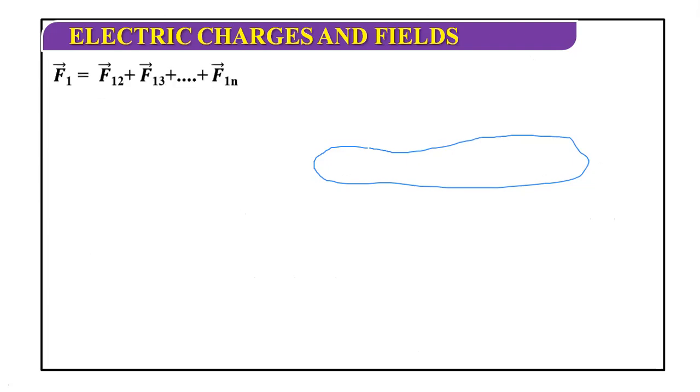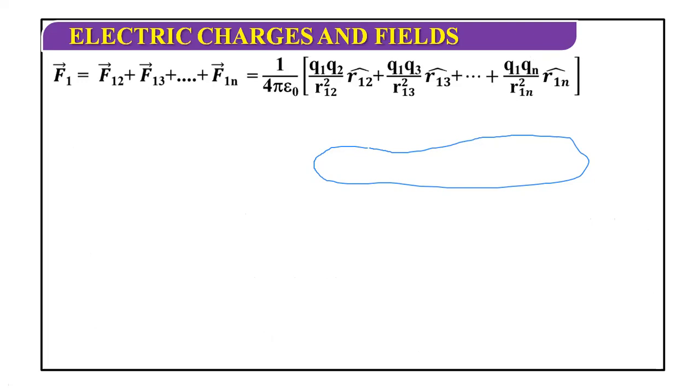So finally, for n charges, we can write F1 is equal to F12 plus F13 up to F1n. So this is the same pattern. I can take out 1 upon 4 pi epsilon naught as common, and even Q1 also as common, because Q1 is under observation: force on Q1 due to the rest of the charges Q2, Q3 up to Qn.